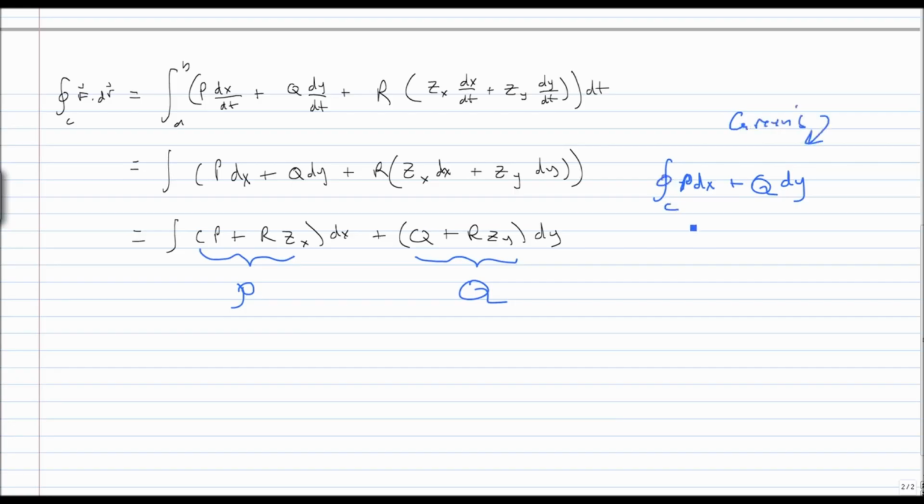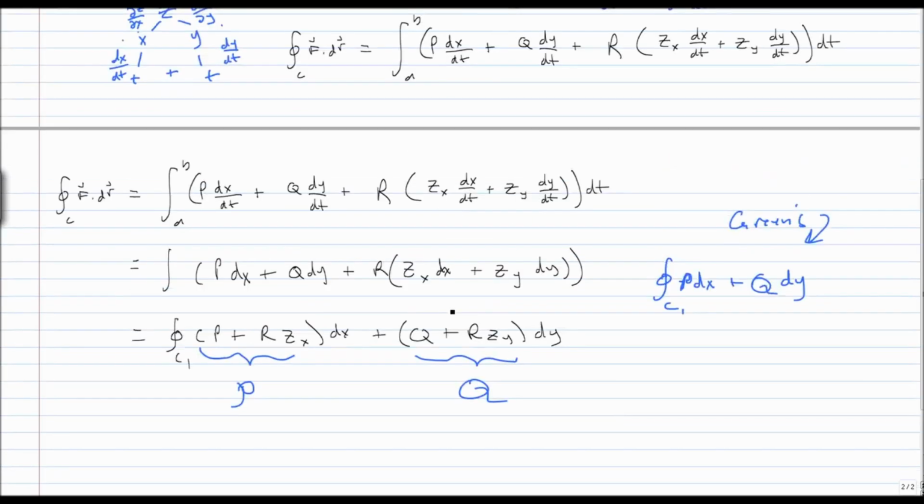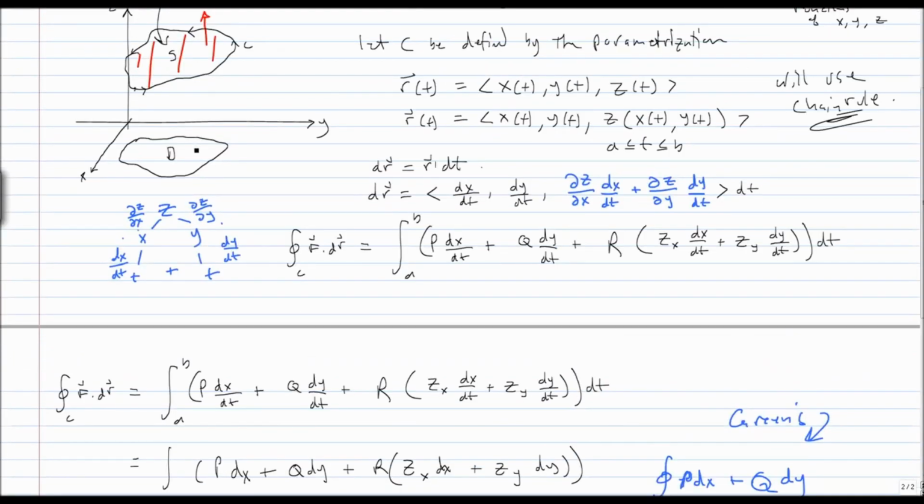So this would be an integral around a closed curve, I'll call it C sub 1. In fact, that's what we have over here. And now all of our terms here are with respect to x and y, so they're in the domain of x and y, and that's this region right down here, where x and y are inside this domain. That means that this curve right here is C1.